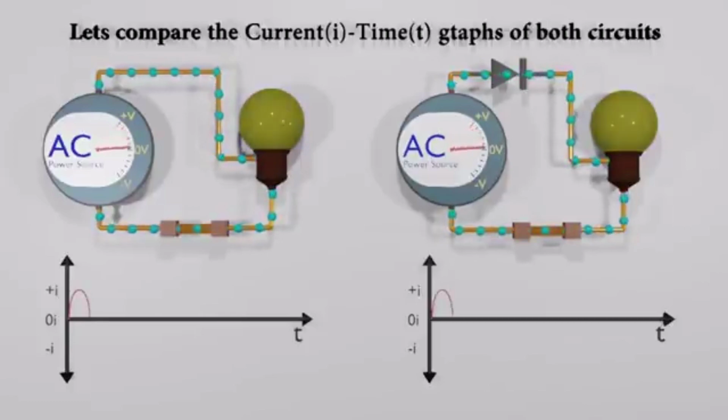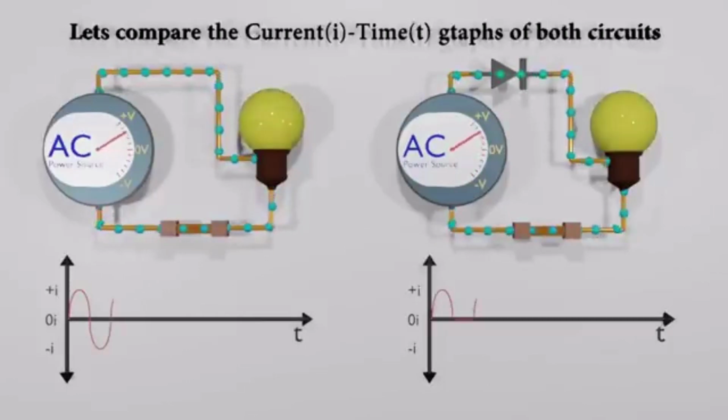Let's graph the current in both circuits. You can see that only half of the input wave is passed through the diode, so it is called a half-wave rectifier.